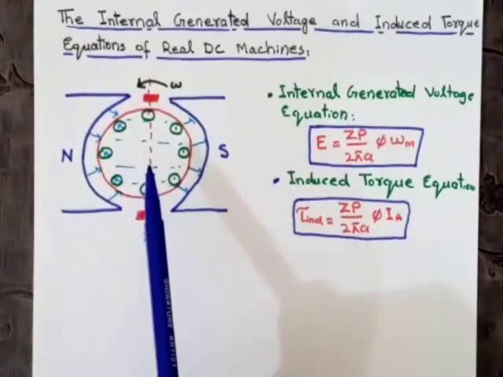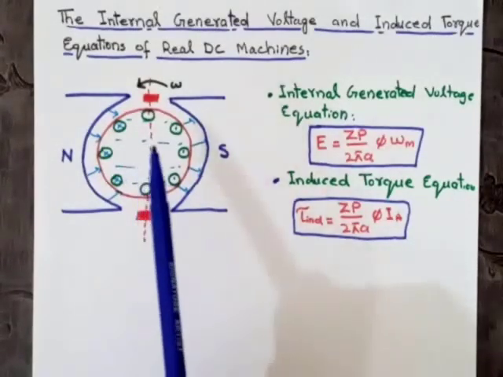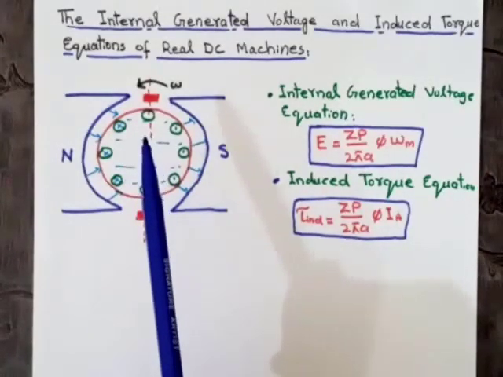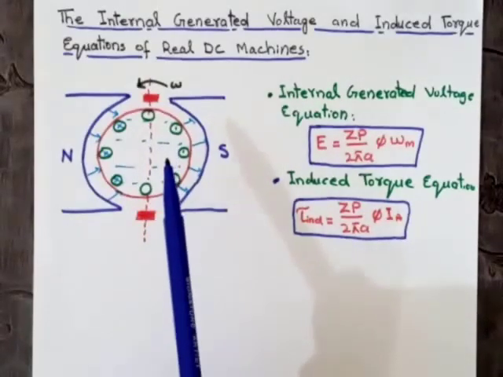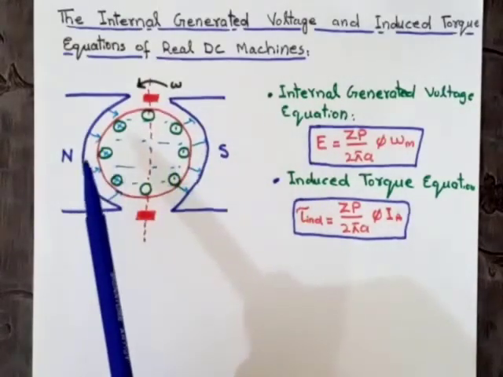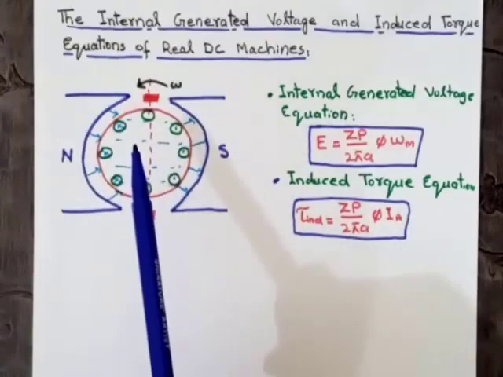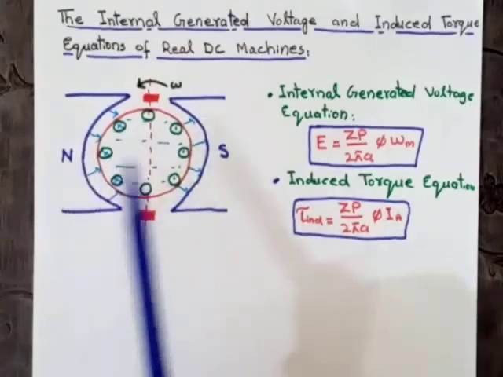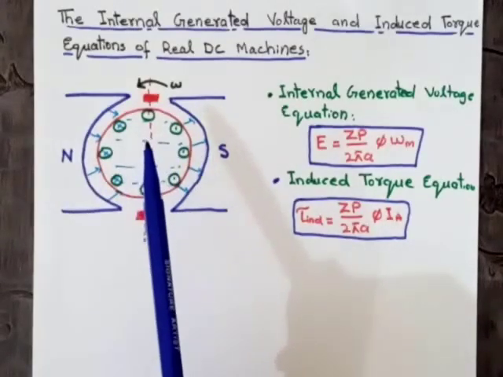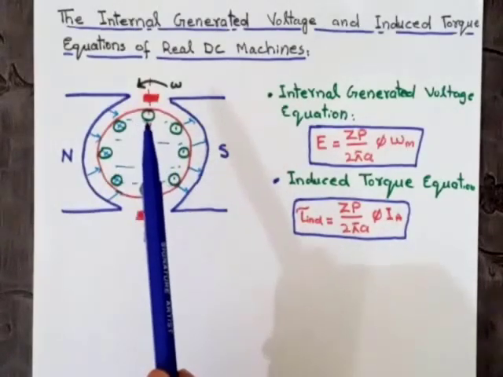But in real DC machines, there are some conductors between the north and south pole at any given time. The conductors which are between the north and south pole will not generate the EMF.